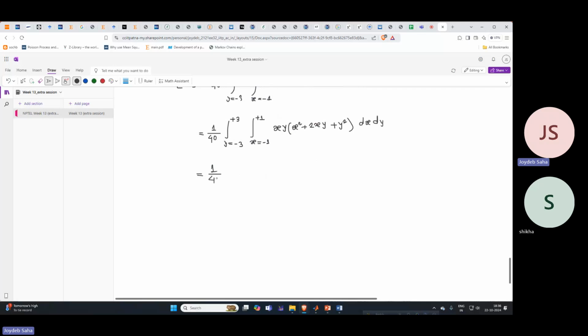This is 1 upon 40. Y is equal to minus 3 to plus 3. X is equal to minus 1 to plus 1.